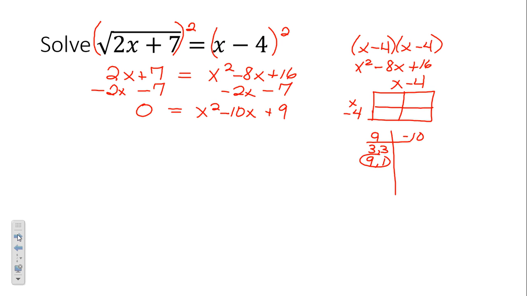The 9 and the 1. Okay, so we'll do an x and an x, and then 9 and 1. And what do our signs need to be? Both negatives. So we get a positive 9 when we multiply them together. So close to being done. Now what do we have to do?